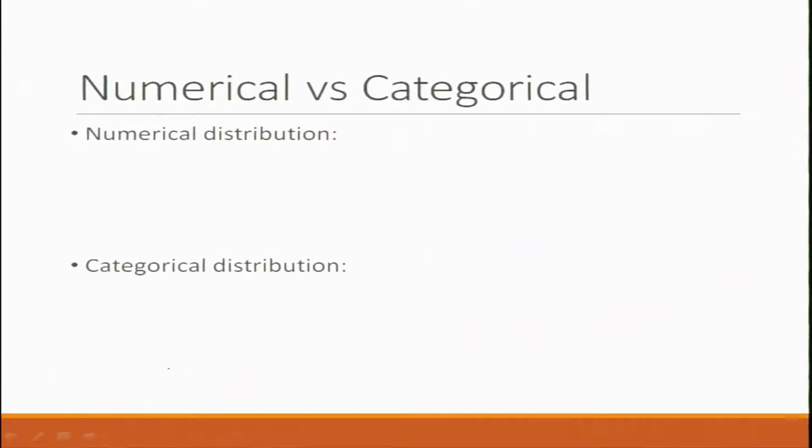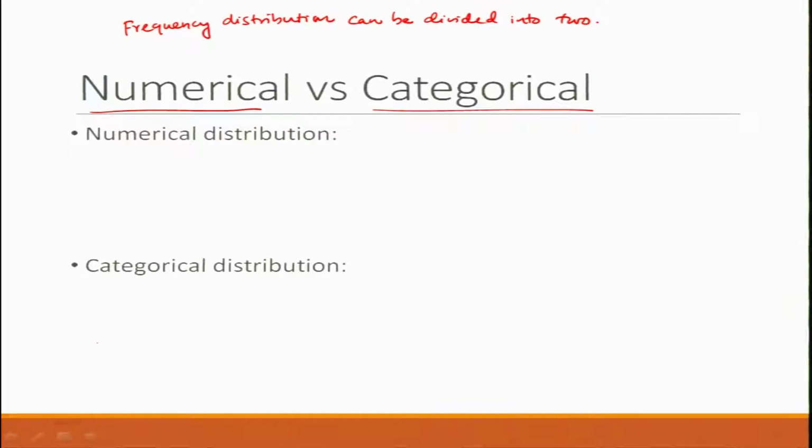So, the frequency distribution can be divided into two. Number one is the numerical, the other one is the categorical. What is a numerical distribution?